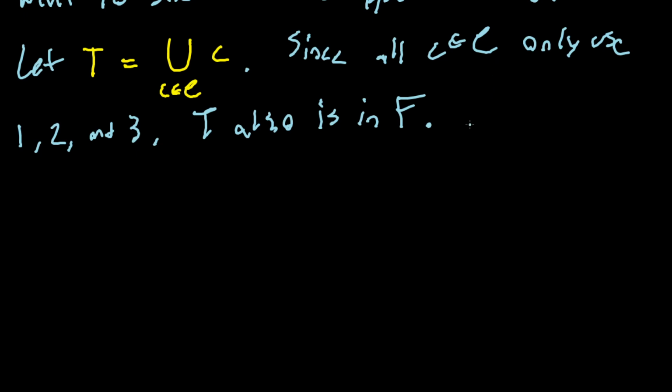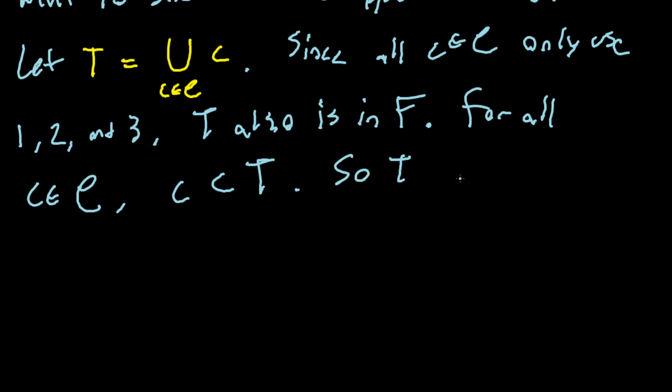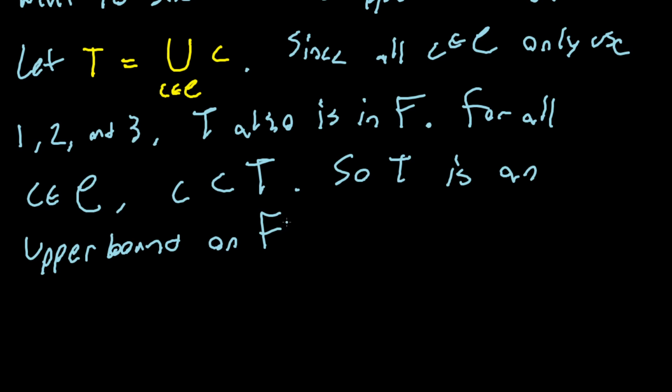And then obviously for all C in the chain, C is a subset of T. So T is an upper bound on the chain. And then finally, I'll change color here just for cinematic effect, I guess.